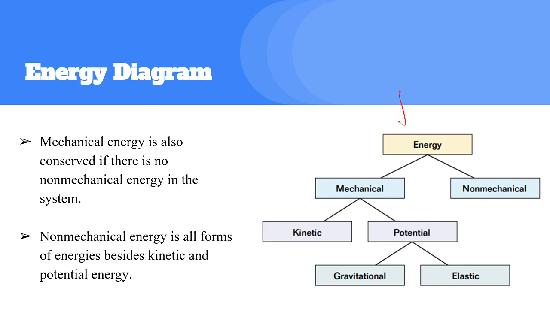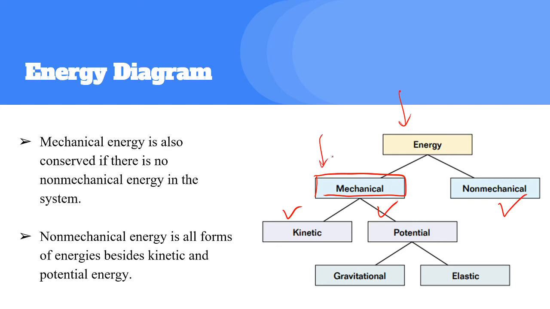We said total energy in a system is conserved, right? But energy is also divided into two: mechanical, which is the kinetic and potential that we have, and all of the others are going to be called non-mechanical. I feel sorry for the non-mechanical energies because they're considered as others, right? Anyway, mechanical energy is kinetic plus potential energy, and all of the others are called non-mechanical energy.